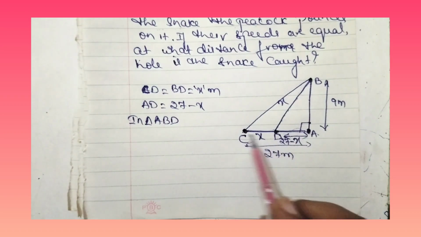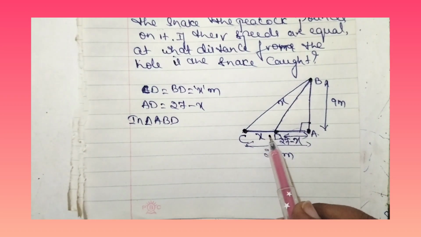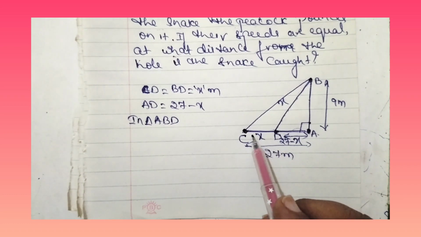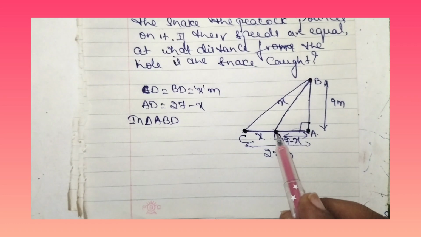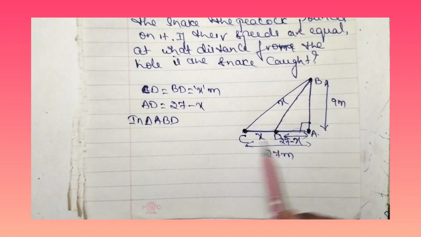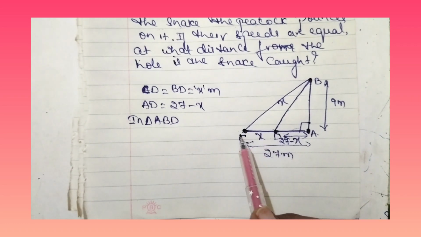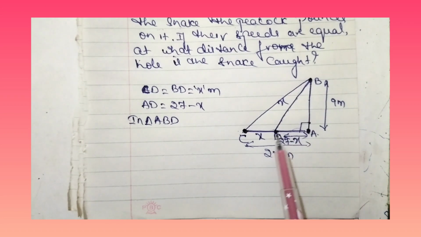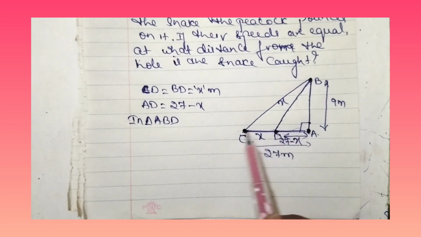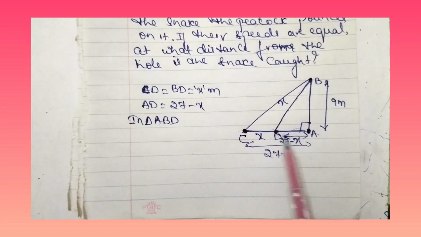So both the distances are equal because both are traveling at the same time and they are traveling at the same speed. Therefore, the distance covered by them is also same. So now, that is CD is x and BD is also x. If distance between A and C is 27, then the distance between AD is 27 minus x.